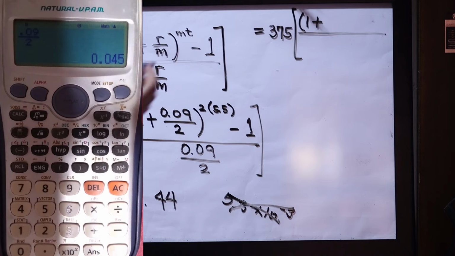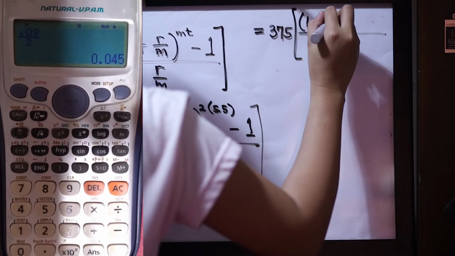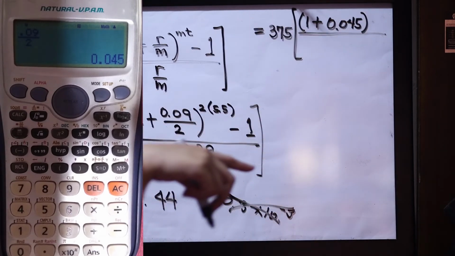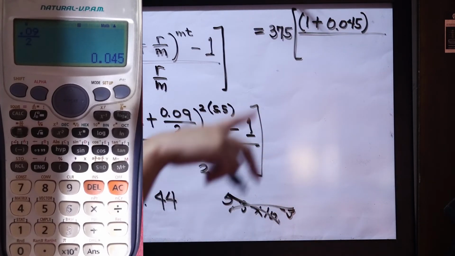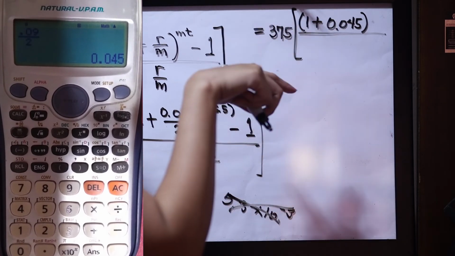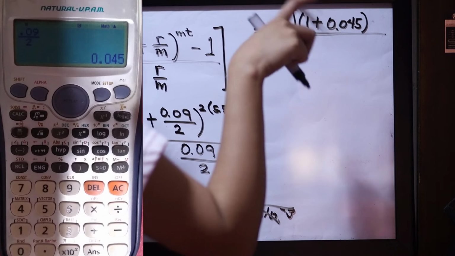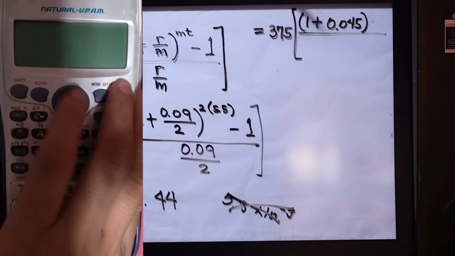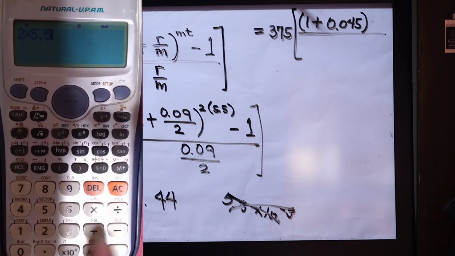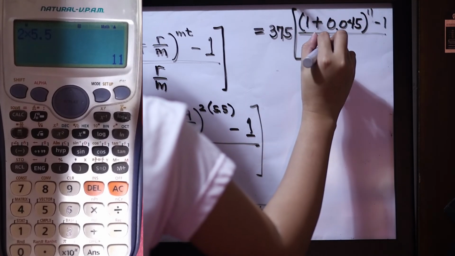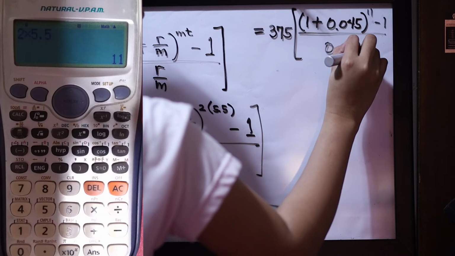So, yung 0.045, pwedeng 0.045 or 0.05. Kayong bahala kung anong gusto nyong gamitin. Basta if you want to use 0.05, kailangan 0.05 yung nakalagay sa solution. Or if you want to use 0.045, then you have to write it as 0.045. And then, 2 times 5.5 is 11. So, we write it as 11 minus 1 all over 0.045.